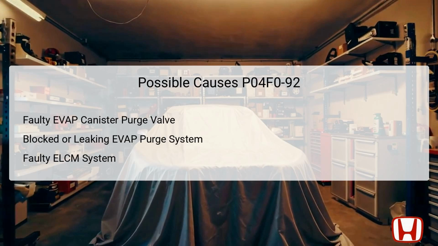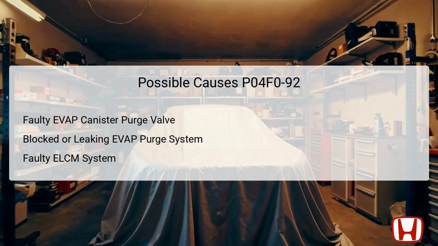A few possible causes of the DTC P04F0-92 include a faulty EVAP canister purge valve, which may not open or close properly to control the flow of vapors effectively. Alternatively, blockages or leaks within the EVAP purge systems could prevent the proper routing of vapors, leading to abnormal pressure readings.